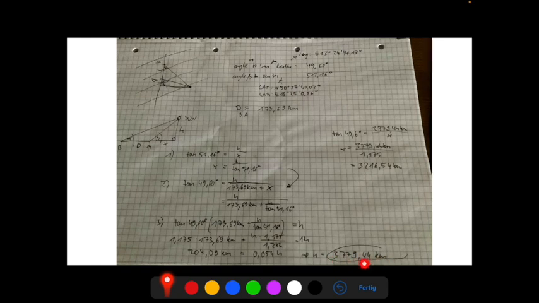Then that's the value, 3779.44 kilometers. So that's the value for the altitude of the sun, just assuming that the earth is flat. In miles it would be a little bit less, because we know that 3 miles are also 5 kilometers, so it would be around maybe 2000 miles if that calculation is true.